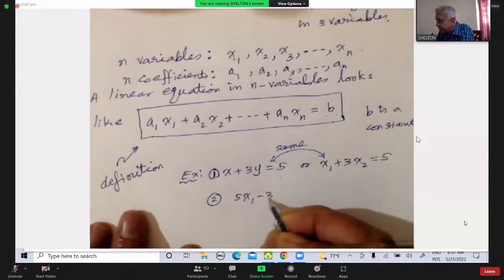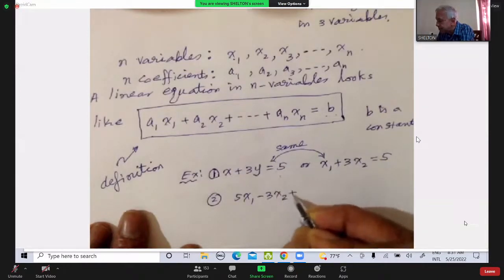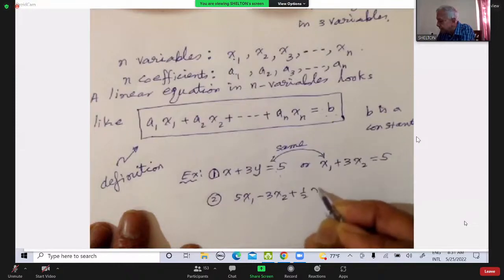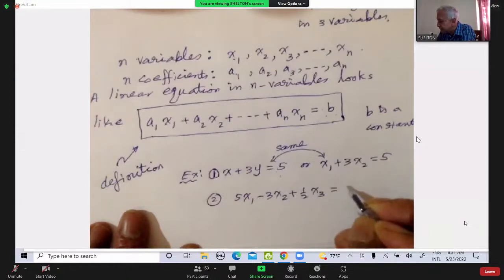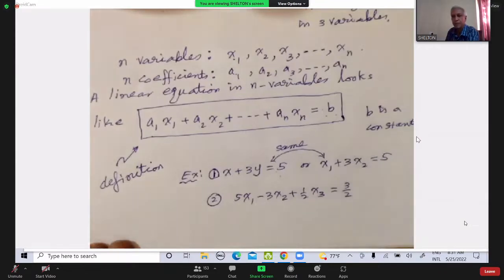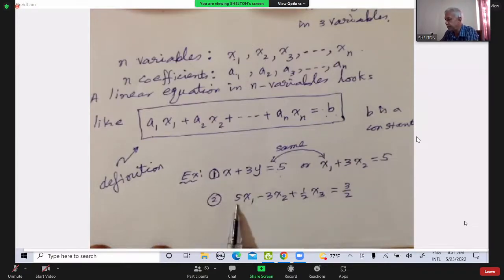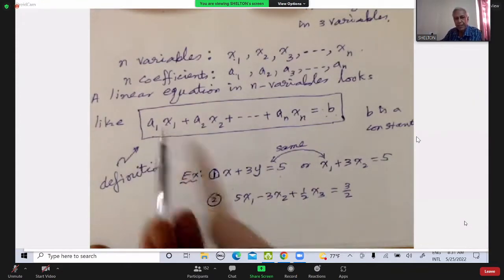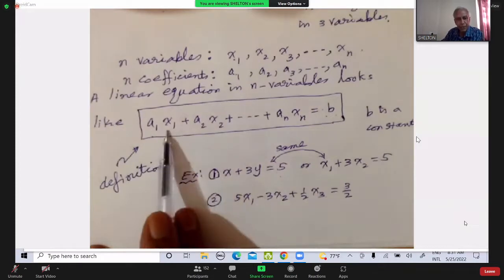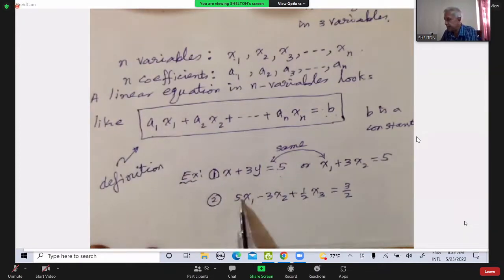5x1 minus 3x2 plus half x3 equals 3 over 2. Is that a linear equation? Three variables, x1, x2, x3, coefficients 5. Here we said plus, but I have put minus. So if you are matching this to this, what is A1?